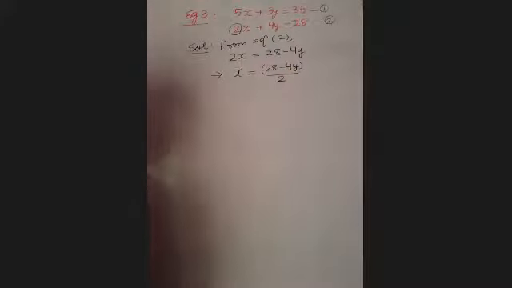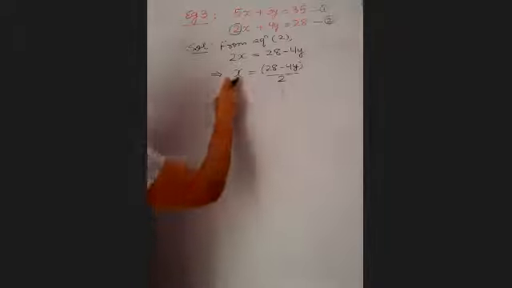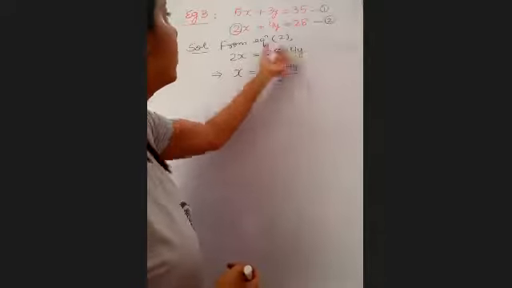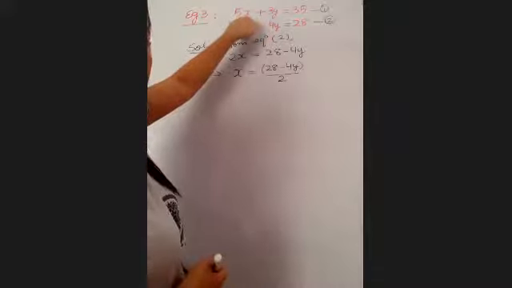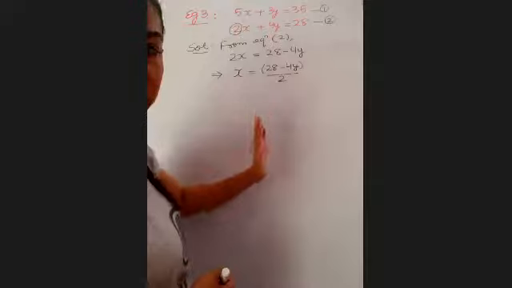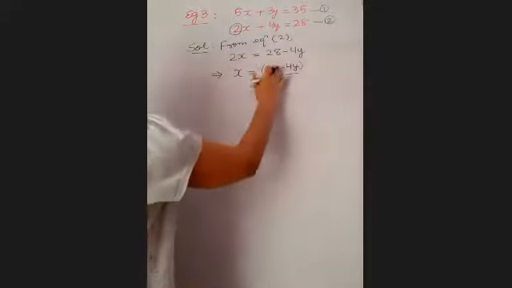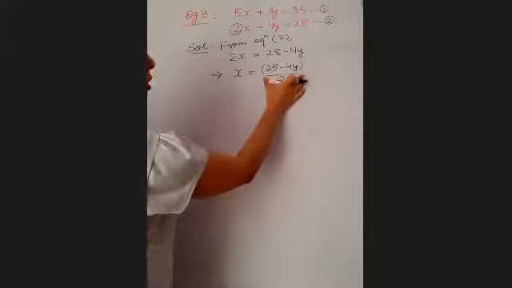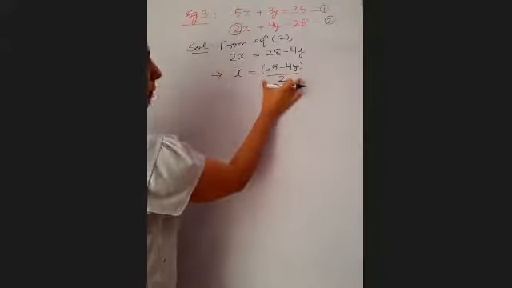That is how we are going to do it, and then this complicated value is to be put here. Here in this case, I am able to divide it by 2, so I will do that. But suppose here it was 25, then it is not possible to divide the entire thing by 2. So we would have to continue like this and this complicated value to be put in equation 1.